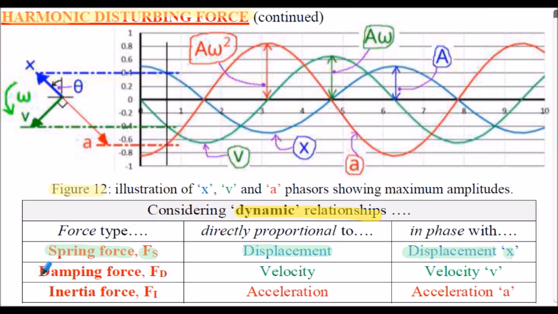We know that damping force, Fd, is directly proportional to velocity, so it will be in phase with velocity v. And we know that the inertia force, Fi, is directly proportional to the acceleration, so the inertia force will be in phase with the acceleration a.